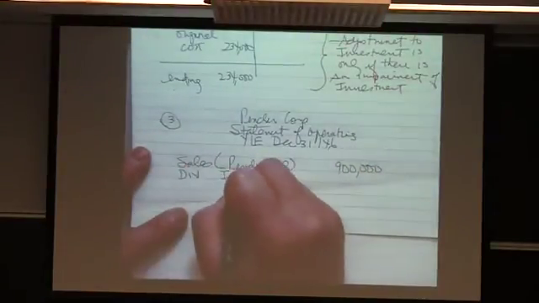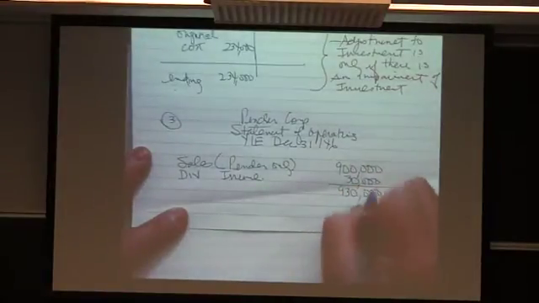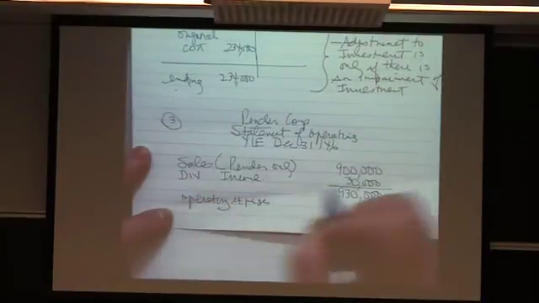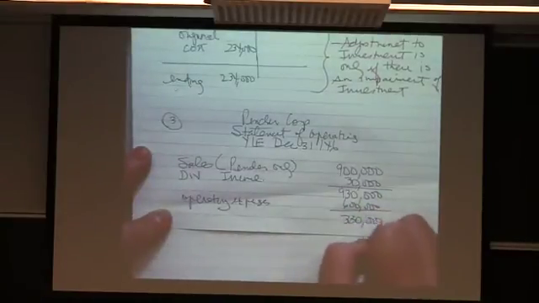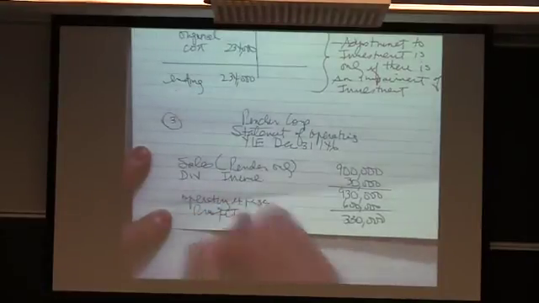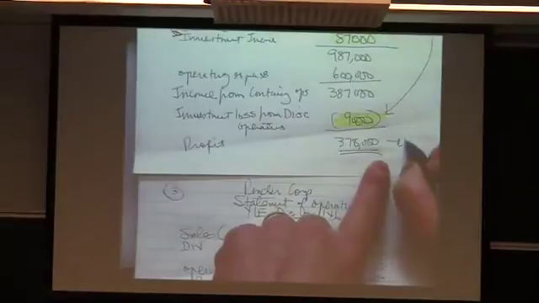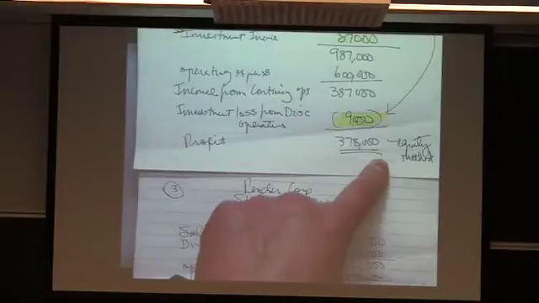Dividend income, 30. Less operating expenses, and that's the profit. So see the difference in the profit? You'll see that the profit amount under the equity method is 378, right? This is the equity method. And this is the cost method.